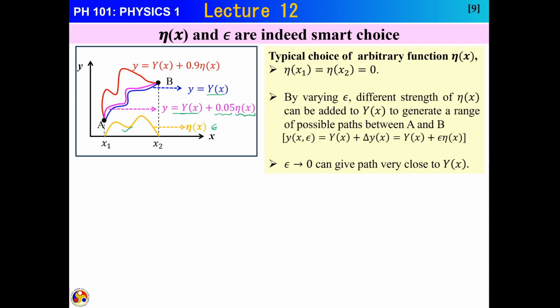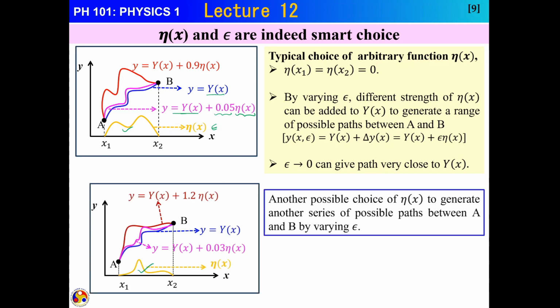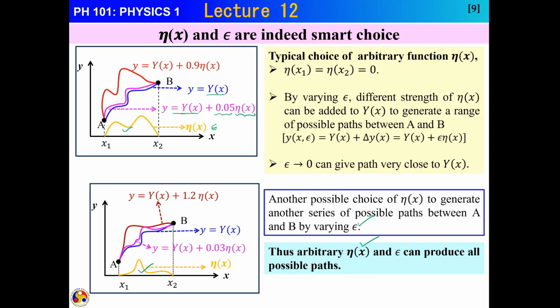In this way, you can consider as many possible paths as you like between points A and B. I can take eta of x in different functional forms and construct the same way, from the actual path to a variety of possible paths between points A and B, by varying the psi parameter and also the arbitrary function eta of x.